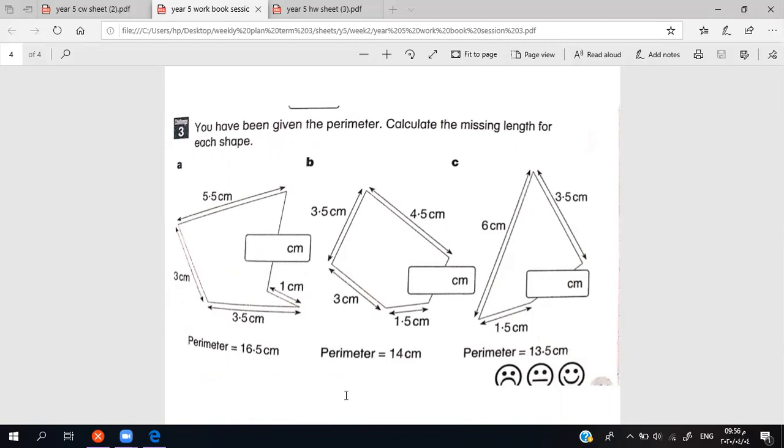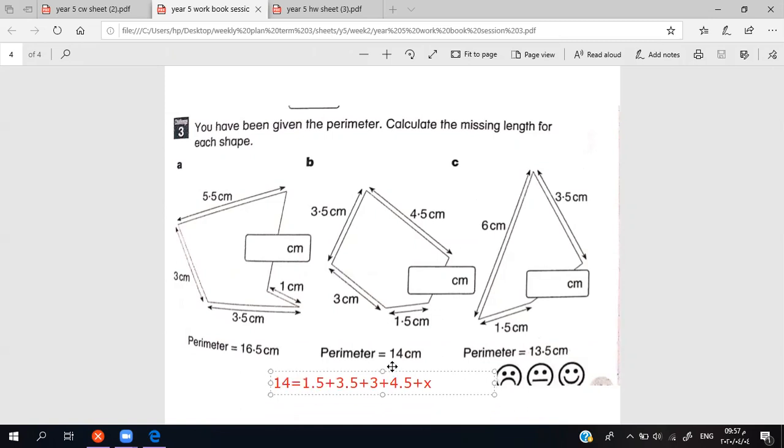Okay, let's try number B. Here the perimeter is 14. All of them plus each other is 14. Let's add them. It is 1.5 plus 3.5 plus 3 plus 4.5. Like this I added the 4 sides, and then I have the side that I don't know.